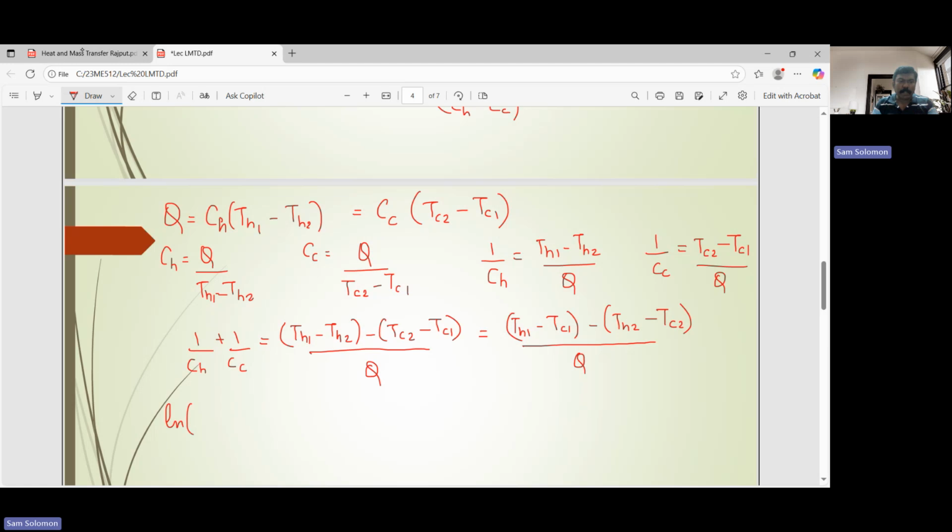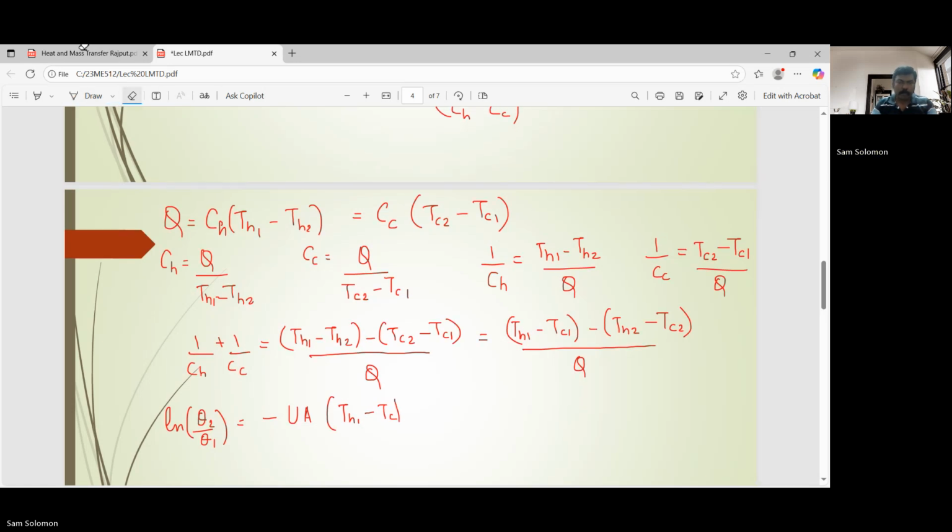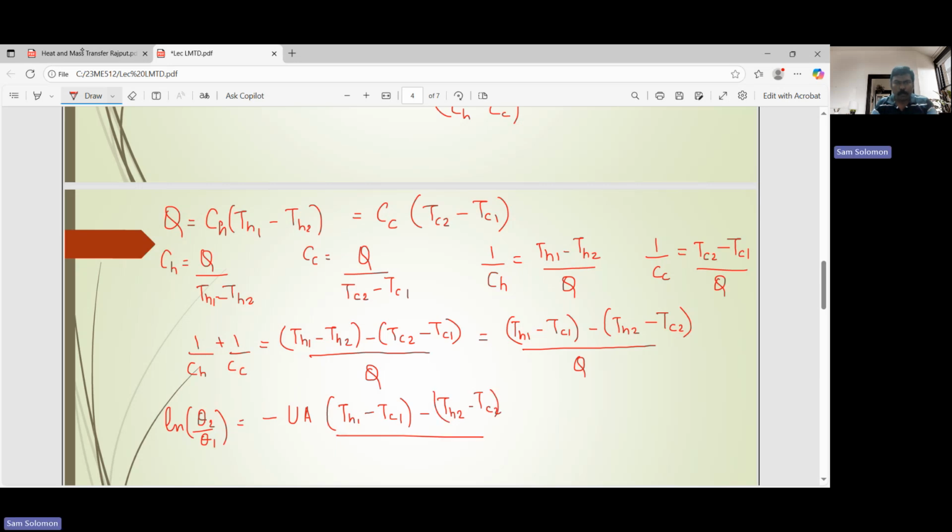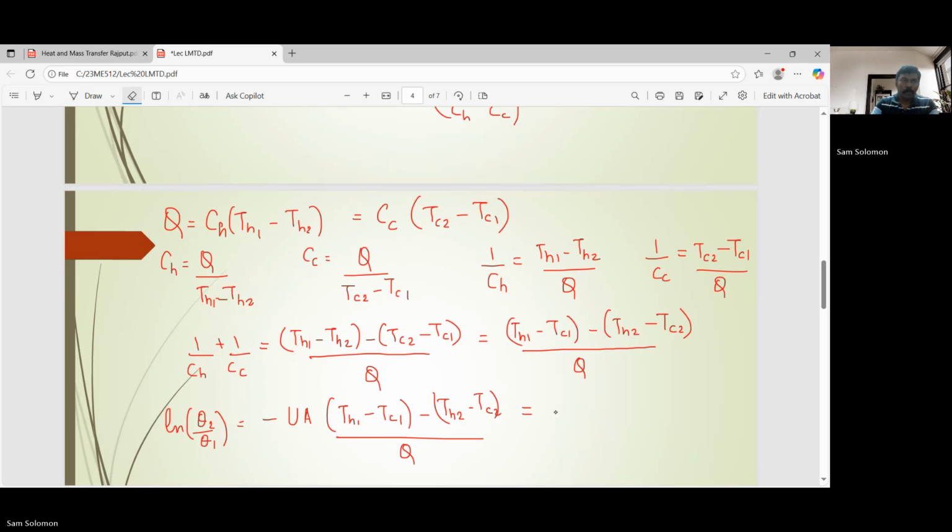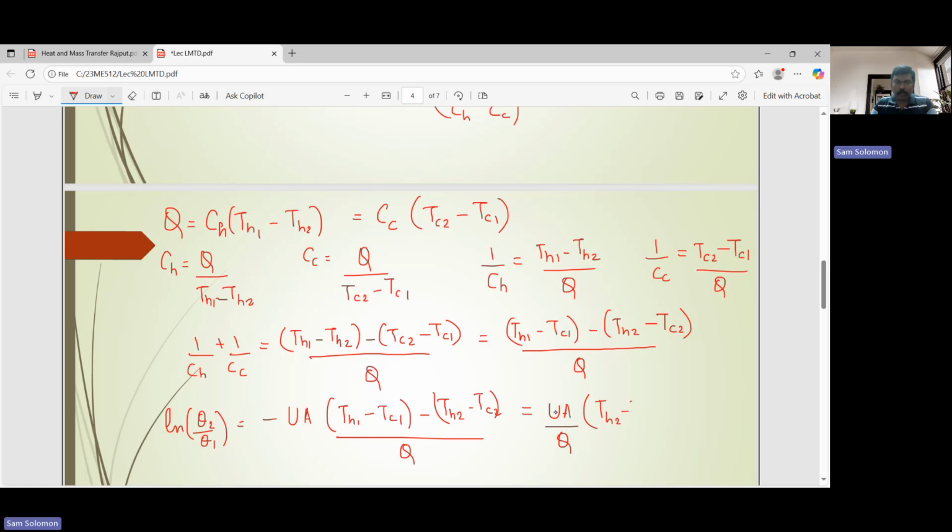And we already have this expression ln θ2 by θ1, which is going to be equal to minus UA times TH1 minus TC1 minus TH2 minus TC2 whole divided by Q. We can absorb the minus sign inside, and you would get UA by Q times TH2 minus TC2 minus TH1 minus TC1.